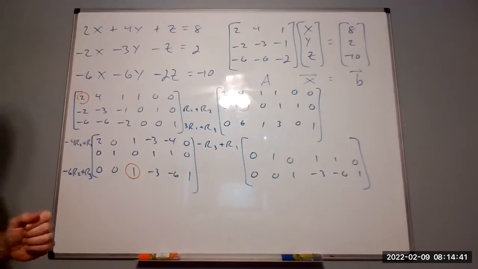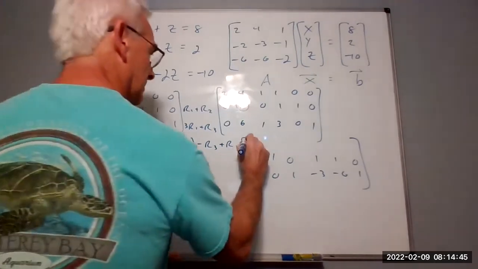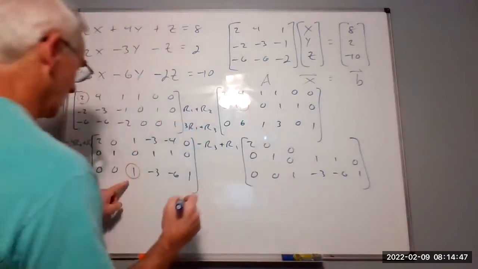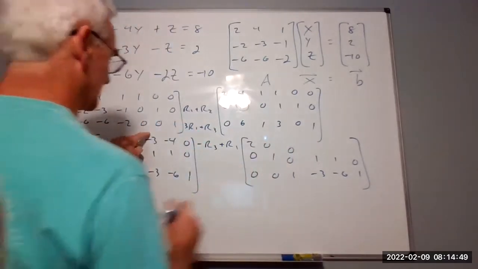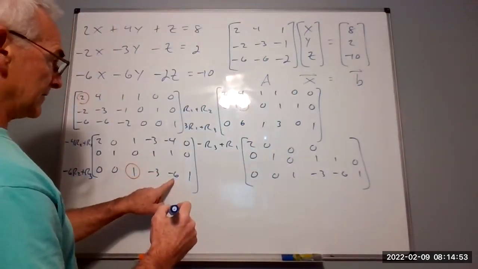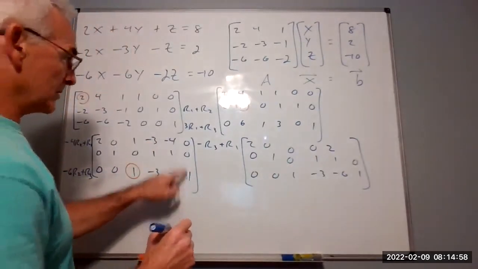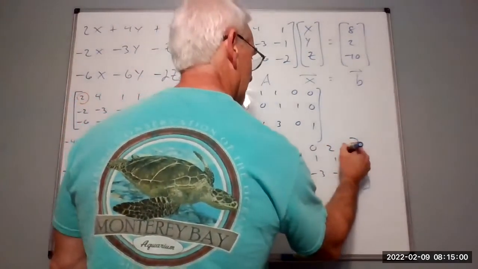And then finally, I want to go negative this plus this, so that'd be 2, 0, 0. The negative of this plus this, that would be a 0. The negative of negative 6 plus 4 would be a 2. And the negative of 1 plus that would be negative 2.